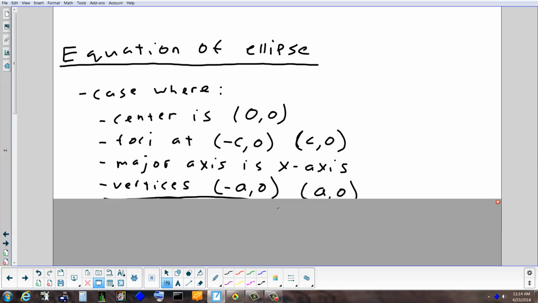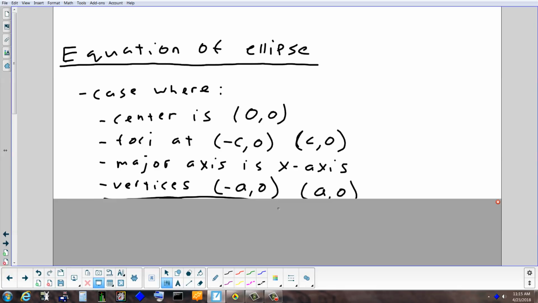So what I like to do is just kind of keep track of what's what. It's fine to write it that way, but for me, if I can remember C is the distance from center to the foci. The major axis is horizontal. And A is how far away the vertices are from the center.